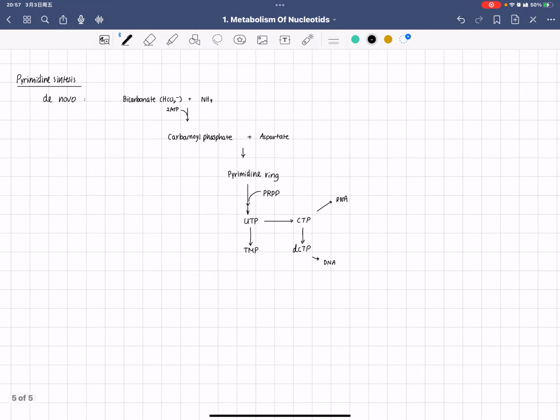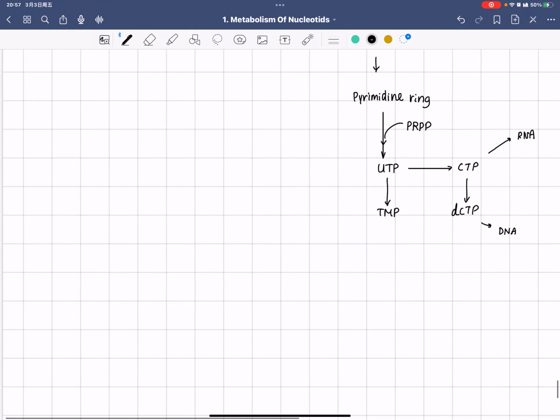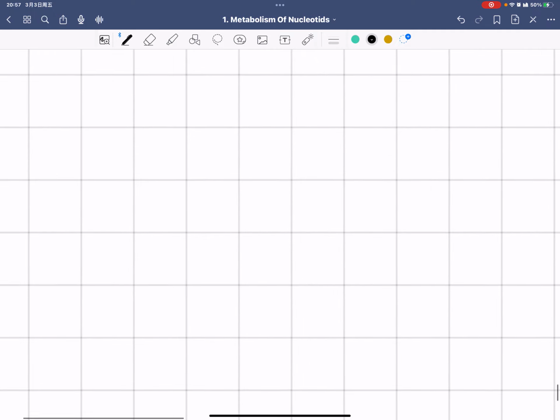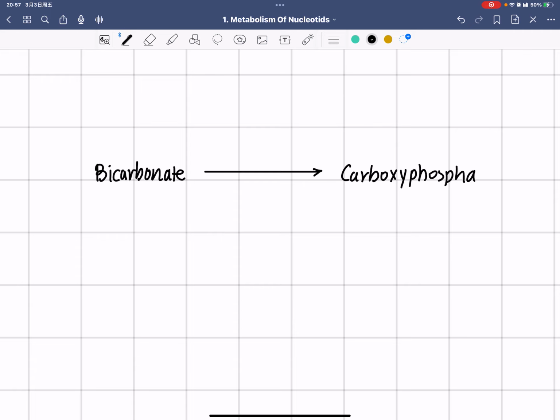Now, let's get into the detail of de novo synthesis of pyrimidine. First, we have bicarbonate, right? And we need to transform it into carboxy phosphate.